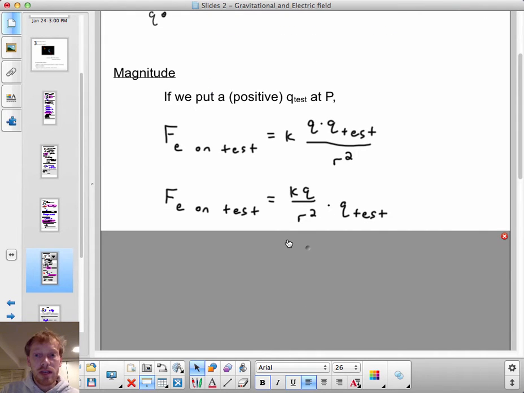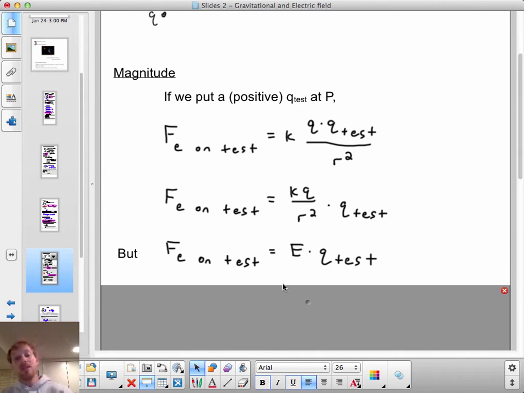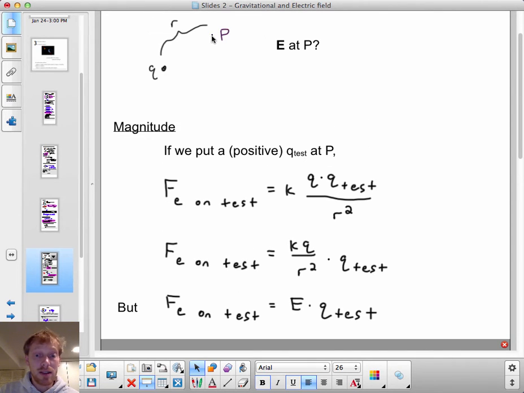And there's just the associative property of equality. I've just rearranged the equation. But we just defined the magnitude of an electric field with this equation. The amount of electric force that a test charge would experience at a location is equal to the magnitude of electric field at that location times the amount of the test charge.